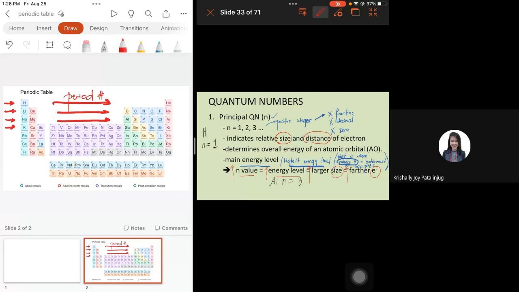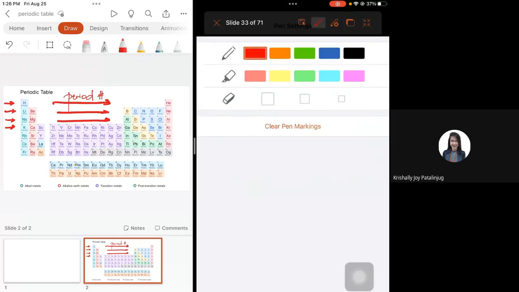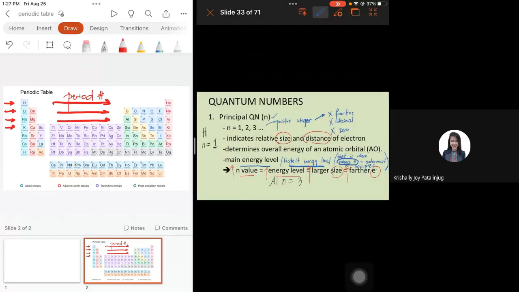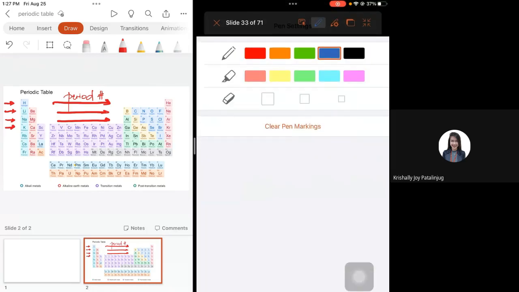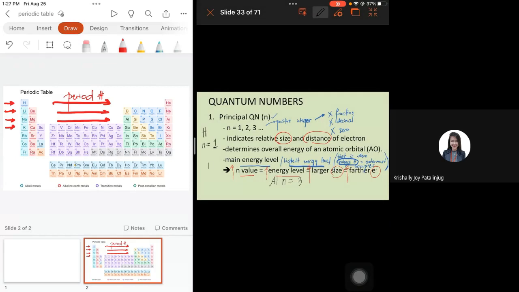So let me illustrate it for you to better understand its relationship to the size and the distance of the electron. Let's say this atom represents hydrogen. Example, that's the nucleus of the atom hydrogen. The nucleus is the center part of the atom.